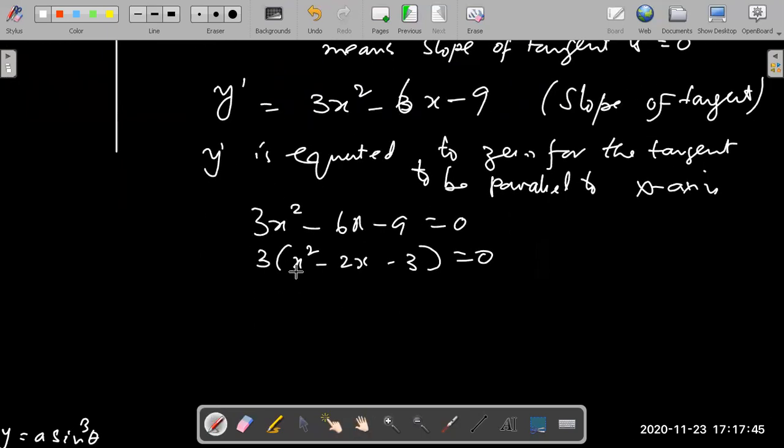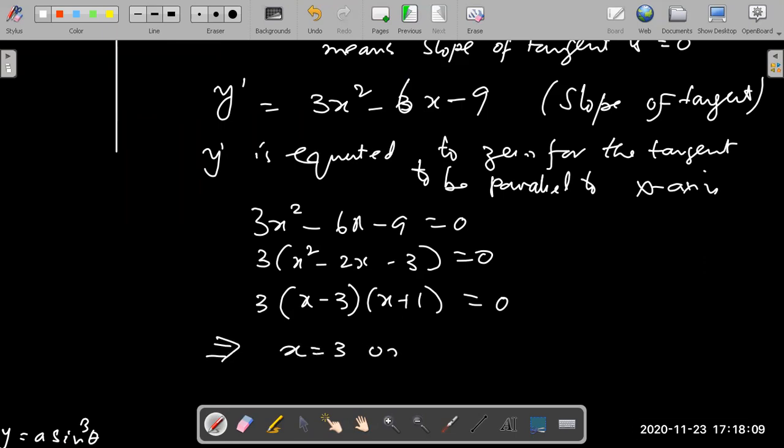Then, when we factorize this, we'll have x minus 3 into x plus 1 as a factor. So at these 2 points, definitely the slope is 0. That's why it says find the points at which this is parallel. So this implies x equal to 3 or x equal to minus 1.